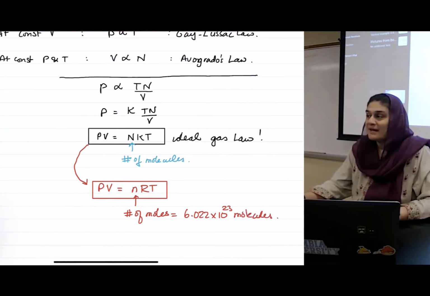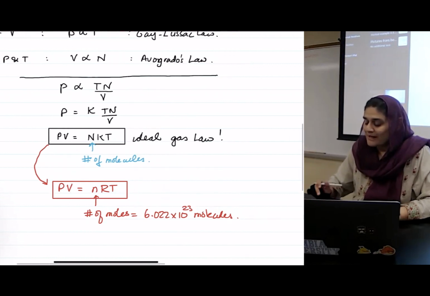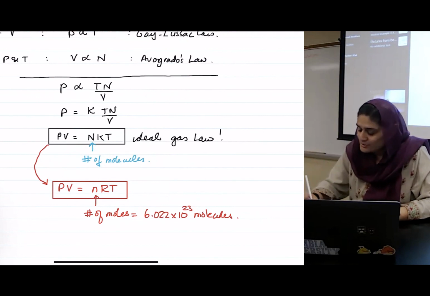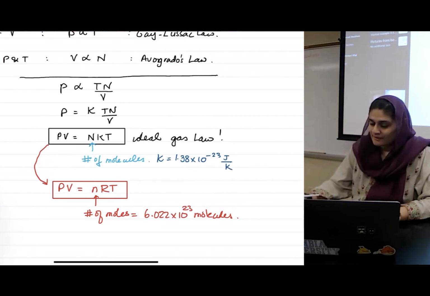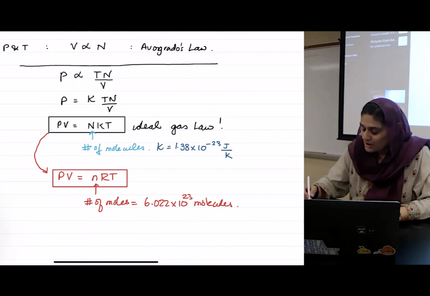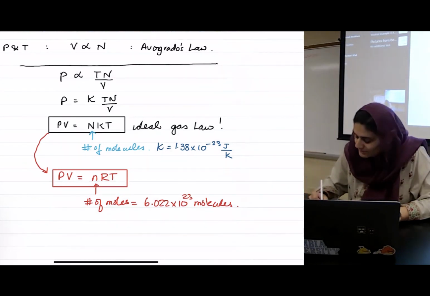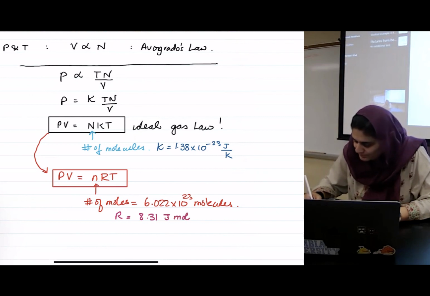So that means K and R are somewhat related. When you have the number of molecules, you use the value of K, which is 1.38 times 10 to the minus 23 joules per Kelvin. Whereas when you use R, which is, anyone remember? 8.31 joules per mole per Kelvin.